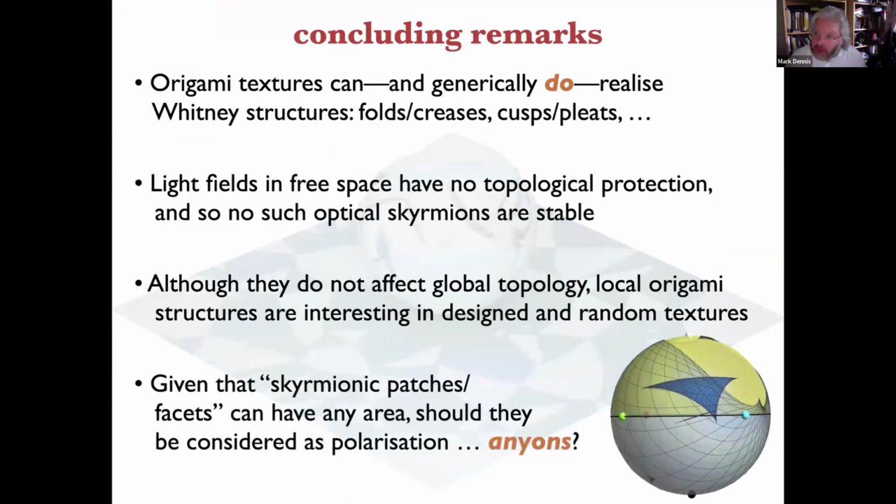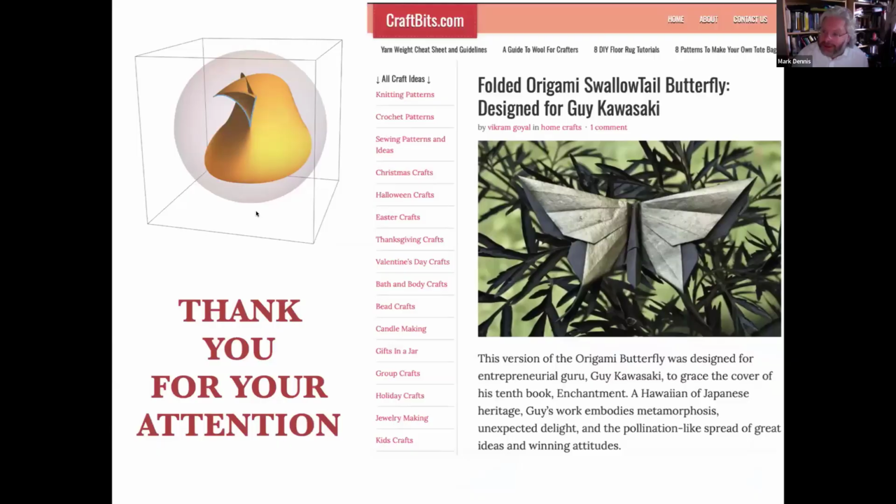And a final thought, that these patches can have any area you like at all. So maybe if we are to extend some sort of analogy, they're not just 4 pi, they can have any area. So maybe these are a version of polarization anyons. So I thank you for your attention, and I point out that this origami butterfly was in fact a swallowtail butterfly. Thank you very much.